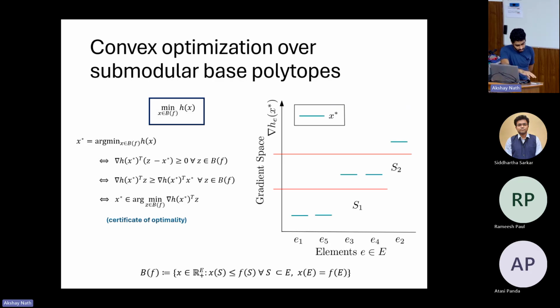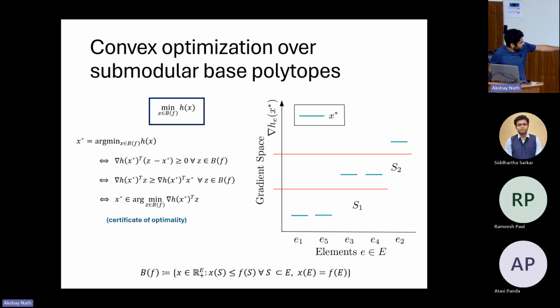Maybe in the interest of time, let me skip the finer details and let me just say that convex optimization over submodular base polytopes is a very combinatorial sort of problem, where you can reduce it to what your gradient space looks like. So if h(x) is the function you're optimizing over, then the gradient at the optimal has this very nice form where some of the coordinates are just going to be exactly equal, some others are going to be higher but equal, and so on.